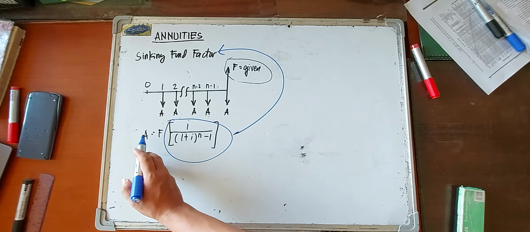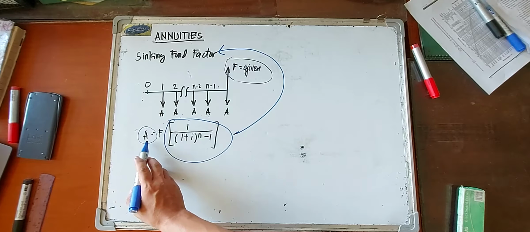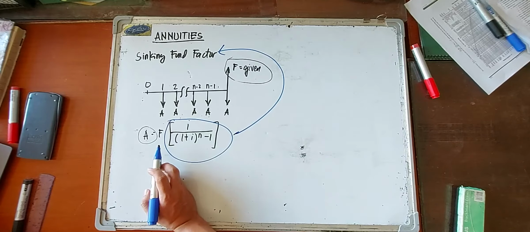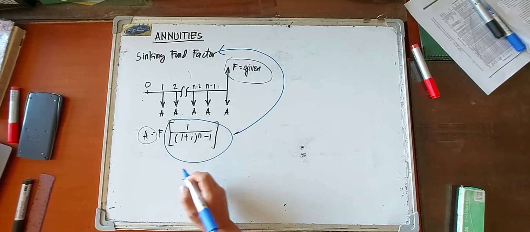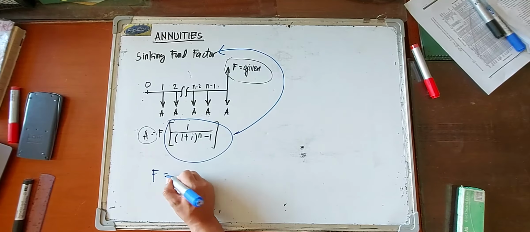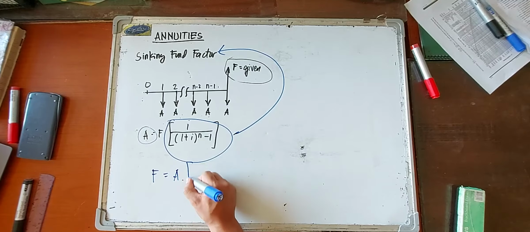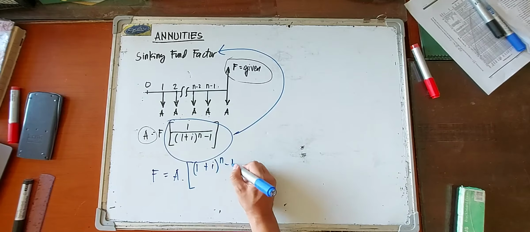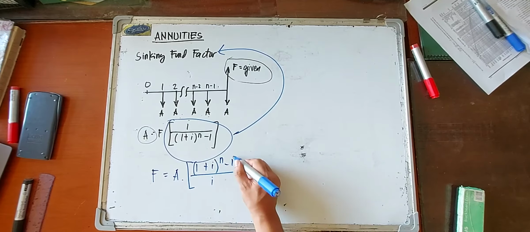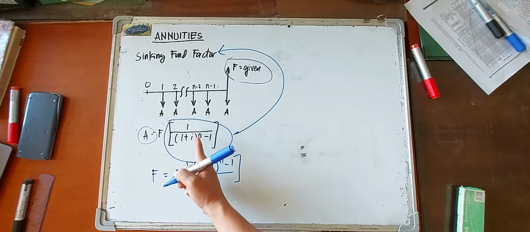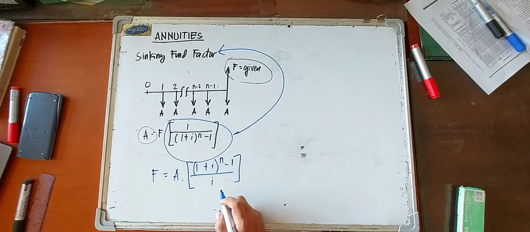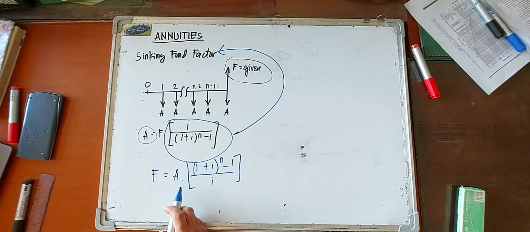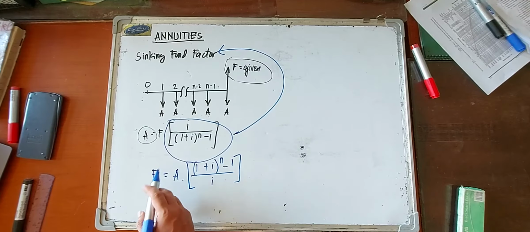So given ngayon yung periodic payments na A, then we solve for F, then cross multiply lang. Nagkabaliktad lang ito. So cross multiply lang natin, then ito na yung formula natin to solve for the future worth of this series or this periodic payments.